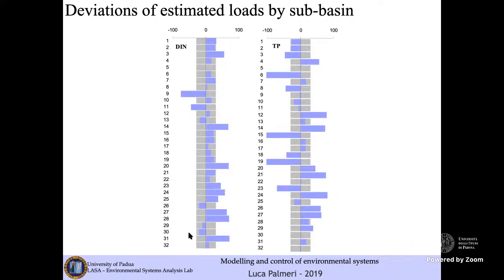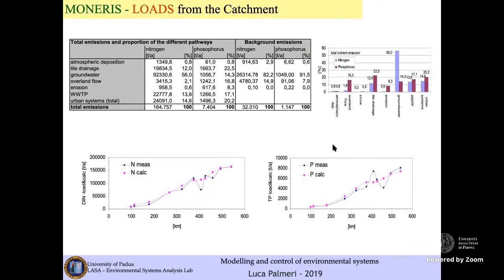So in subbasins 29 and 33, or the 32 subbasins, but it is the closed basin, low Tanaro, we have a very small error in terms of dissolved inorganic nitrogen, but also in terms of total phosphorus. And these are the reports produced by the model in the model's spreadsheet.